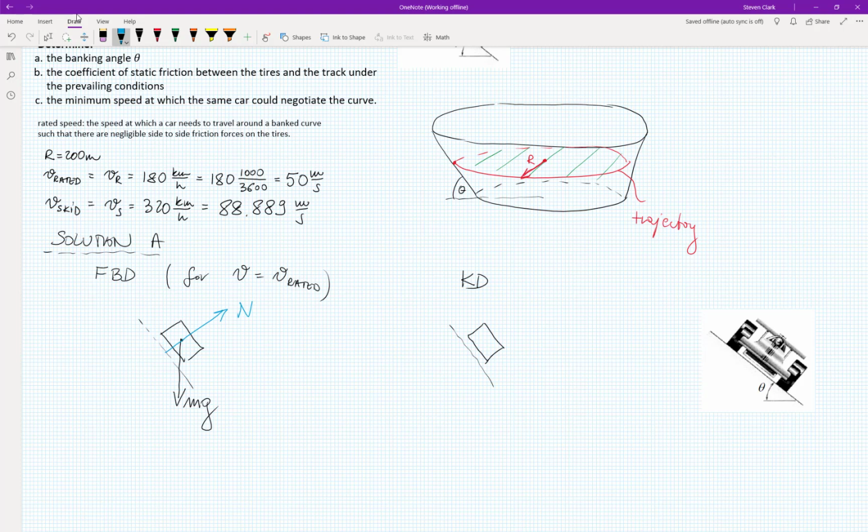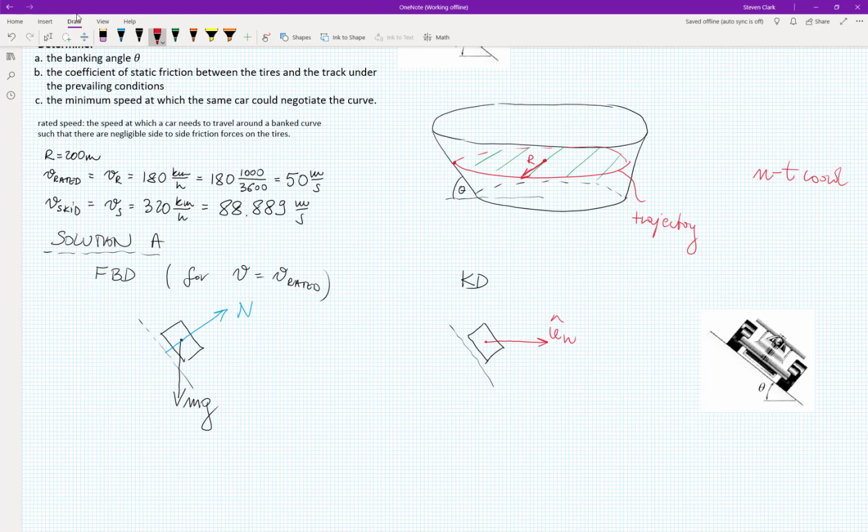Now, this is a curvilinear motion, right? Because our body goes around the circle. So I again decided to go for the normal-tangential coordinate system. Our circle is there, so that means our UN will be pointing this way. I hope you can all see that.